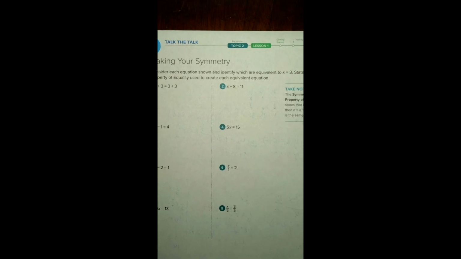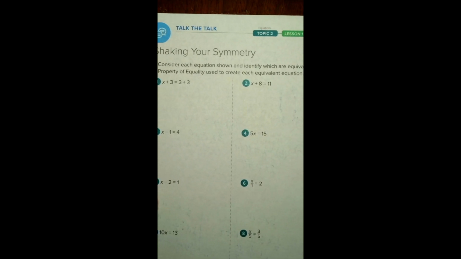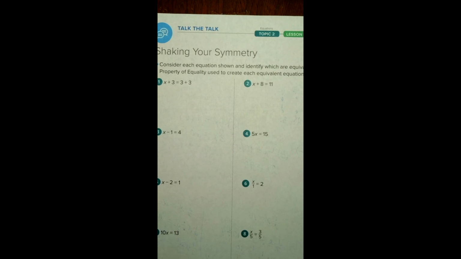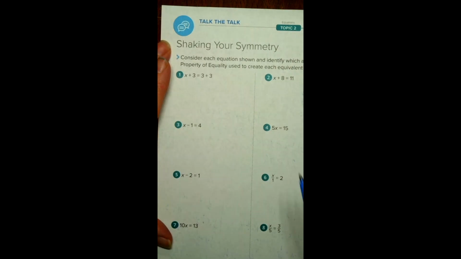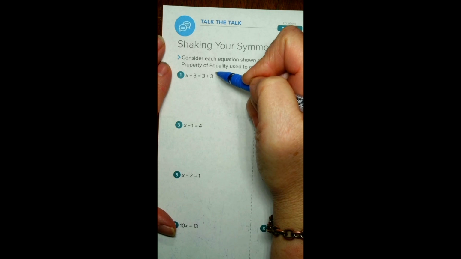Consider each equation shown and identify which are equivalent to x equals 3. State the property of equality used to create each equivalent equation. Okay. So we need to state if they're equivalent to x equals 3. Okay, so we have x plus 3 equals 3 plus 3.